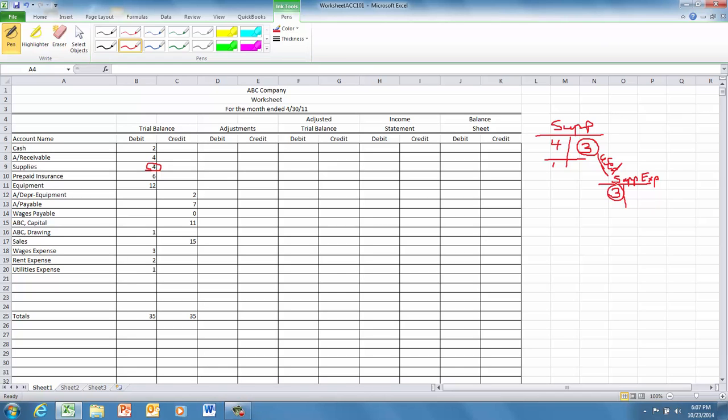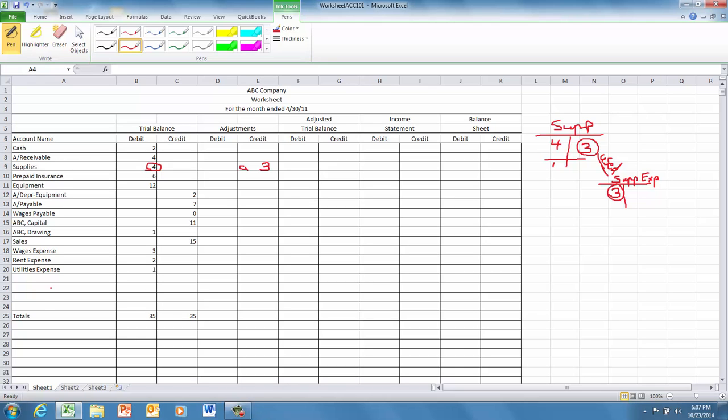Okay, so now I know what I'm going to do, and I'm going to have then a little letter A and $3 on the credit of supplies, and then I need a debit of $3 for supplies expense.